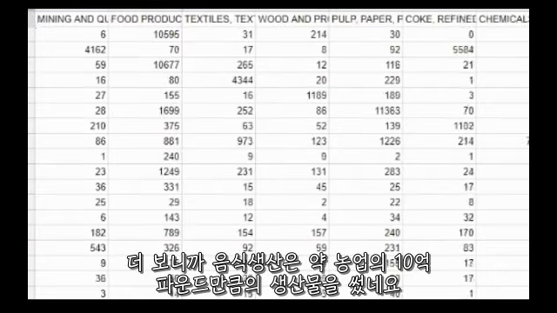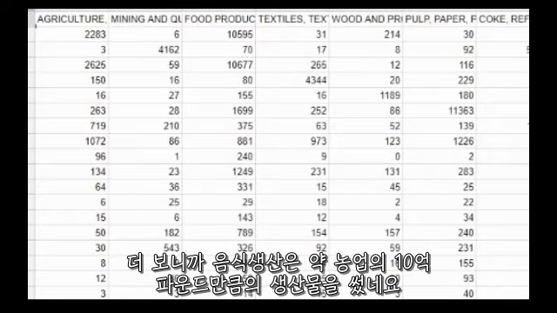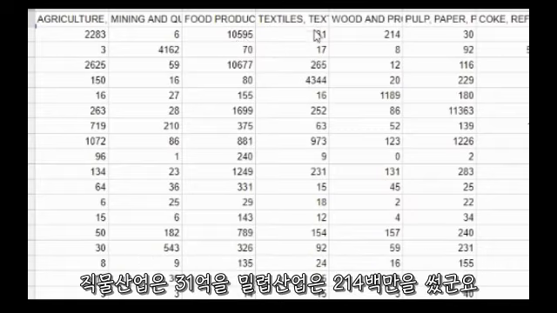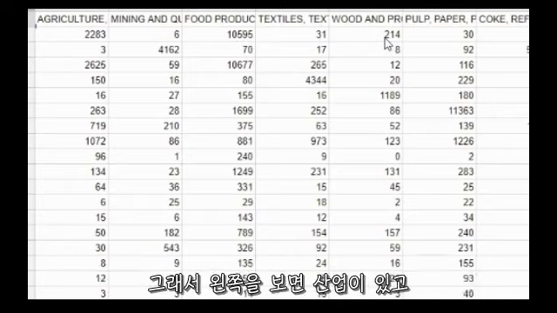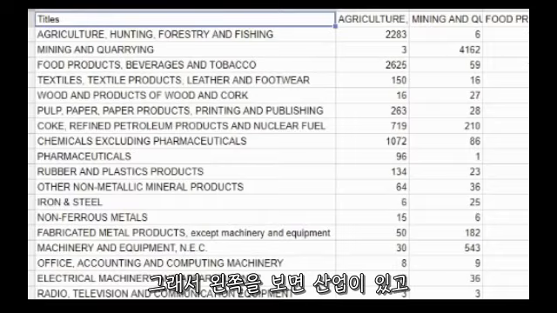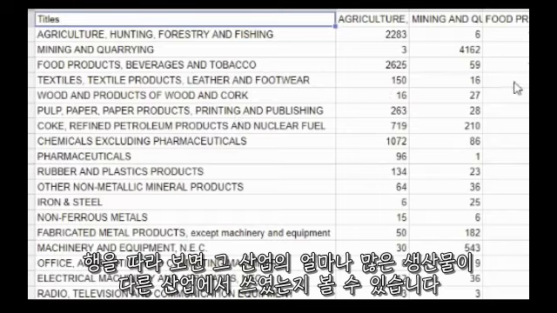If we look along a bit, we can see that food production used about 10 billion pounds worth of output of agriculture. Textiles used 31 billion pounds worth. The wood industry used 214 million pounds worth, etc. So if you look on the left hand side here, you have the industries, and as you go across each row, you see how much of that industry's output was used by each of the other industries.